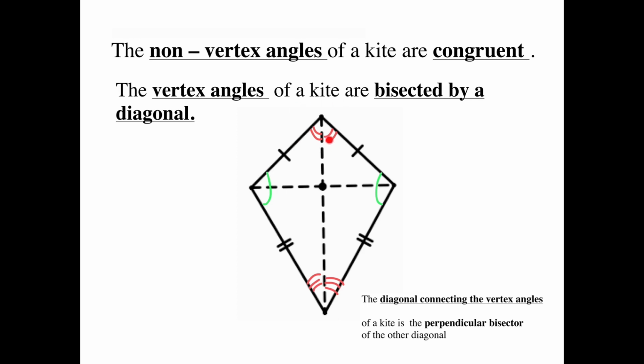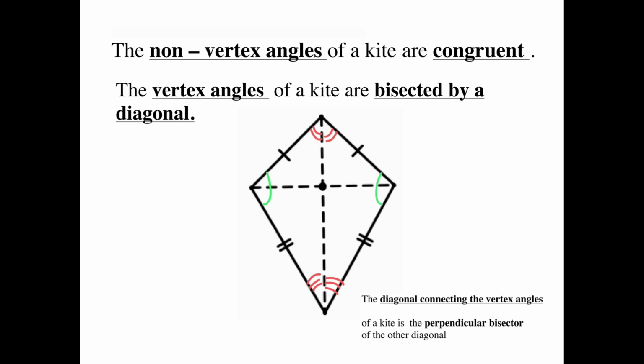So this top is not going to be the same angle as the bottom, but the diagonal cuts them in half. So whatever this angle is here, it's the same over here, here, and here. But the top does not match the bottom.